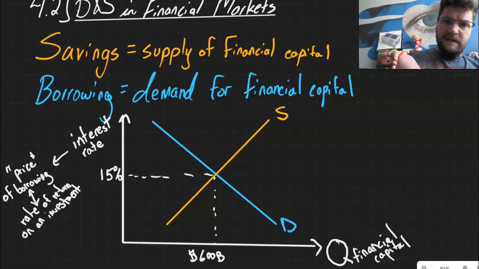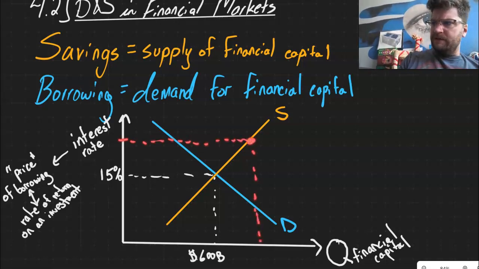Now, we can ask ourselves similar questions that we did before. What if the interest rate was up here at 21%, right? Well, the book tells us that at 21%, a lot of people are going to want to save money, right?